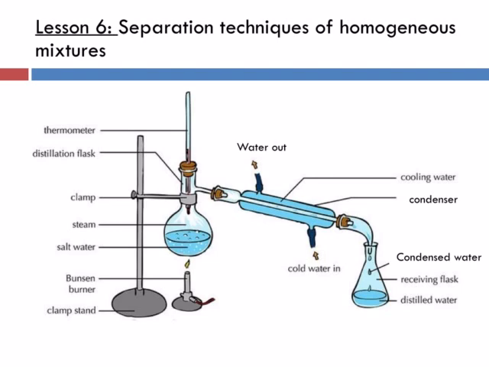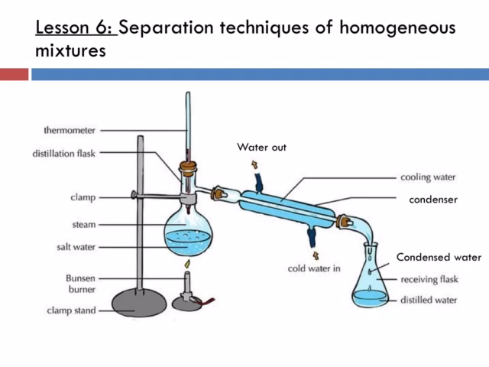When the flask is heated, the water will evaporate and turn into water vapor. Then the water vapor will move and go into the condenser. On the level of the condenser, cold water is circulating around it, which means that the water vapor will cool, it will lose energy and transform into liquid again.